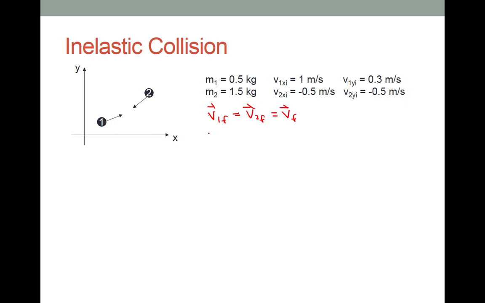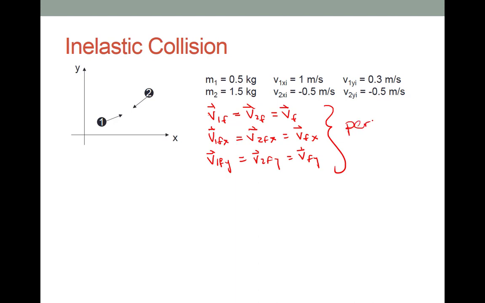We can expand this out to say V1 final X will have to equal V2 final X, which I'm going to write as V final X. And V1 final Y has to equal V2 final Y, which has to equal V final Y. And remember, this is a result of it being perfectly inelastic. They stick together.